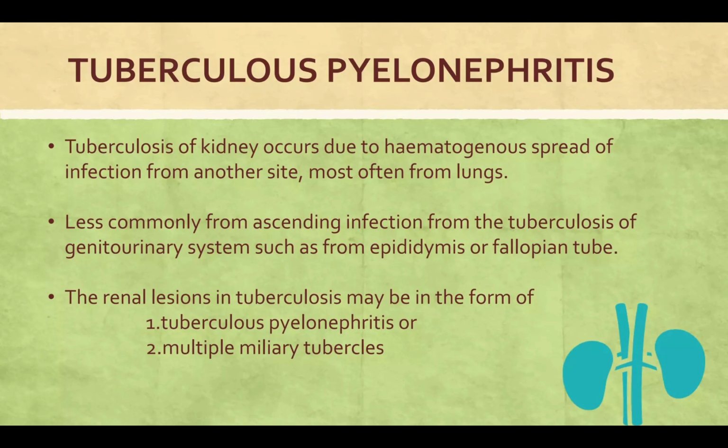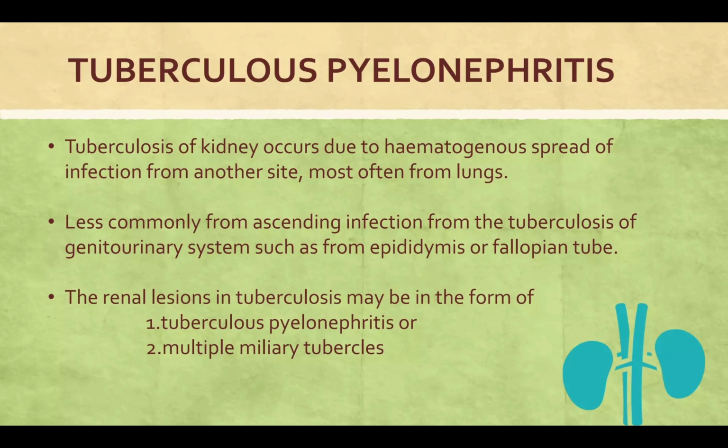Let us see about tuberculous pyelonephritis, which is tuberculosis of the kidney. It occurs due to hematogenous spread of the infection from another site, most often from the lungs, and less commonly from ascending infection from tuberculosis of the genitourinary system, such as from the epididymis or the fallopian tube.